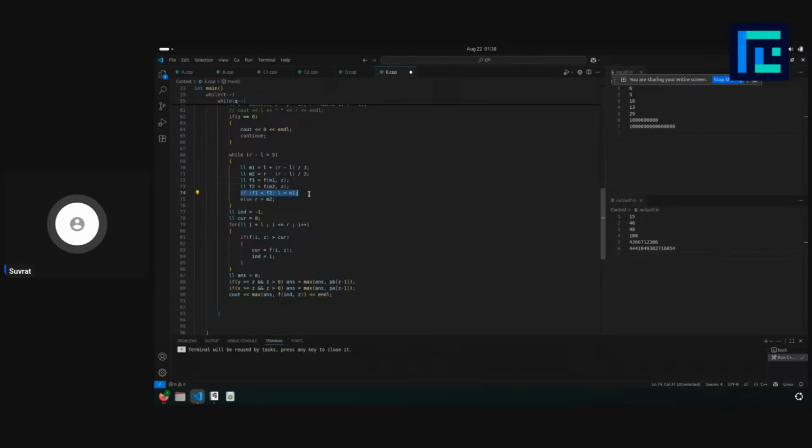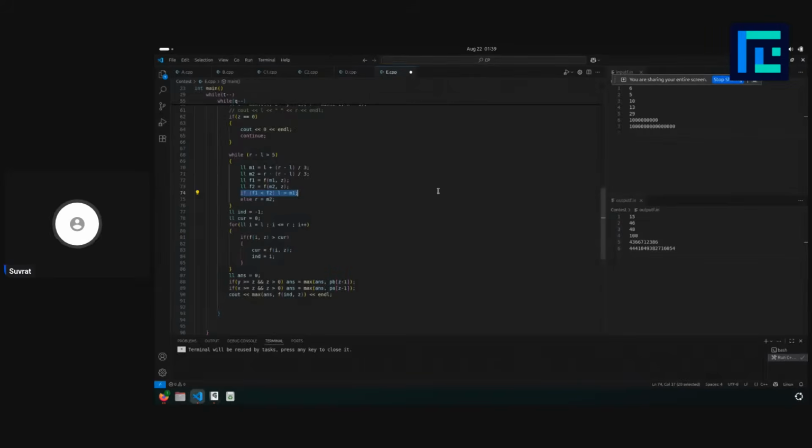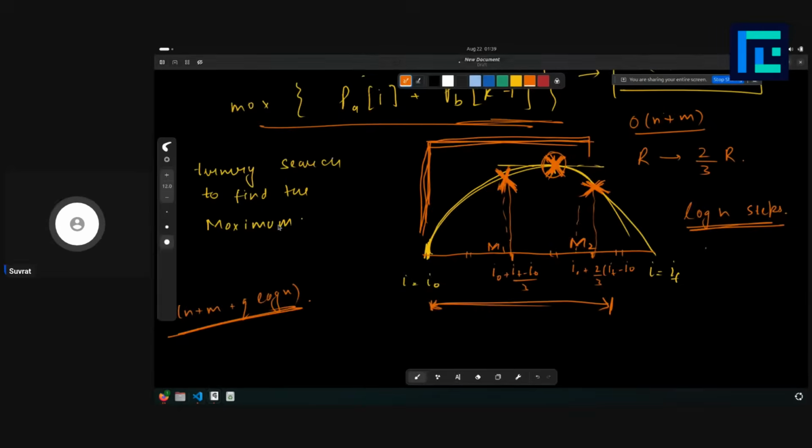So if F1 is less than F2, basically if this point is less than this point, then it would be this case, and we'll move the L: L is equal to M1.